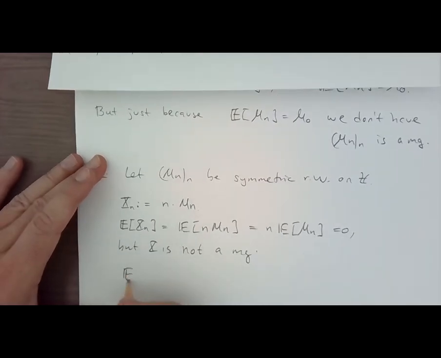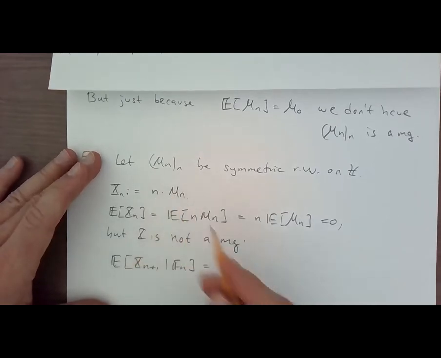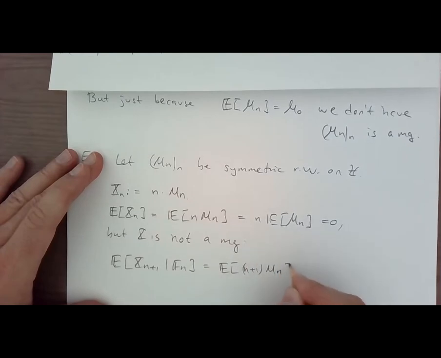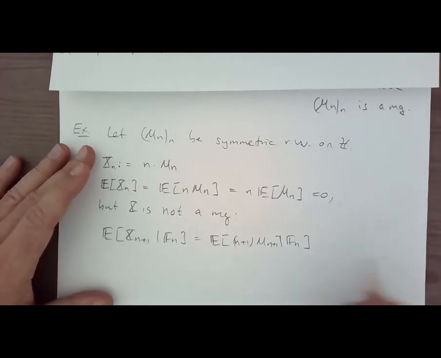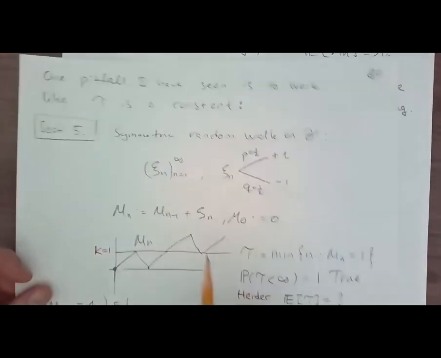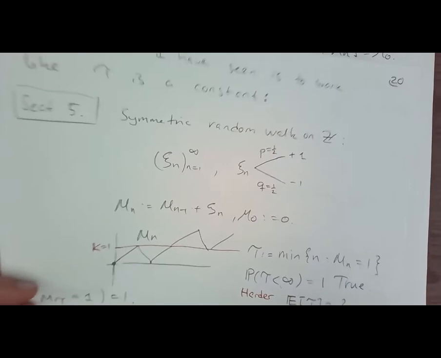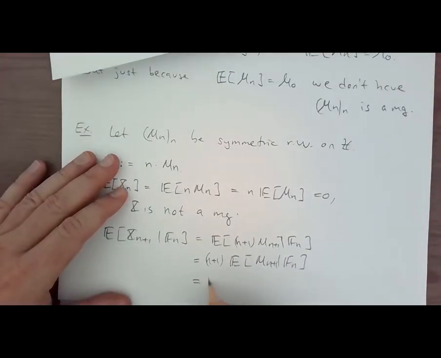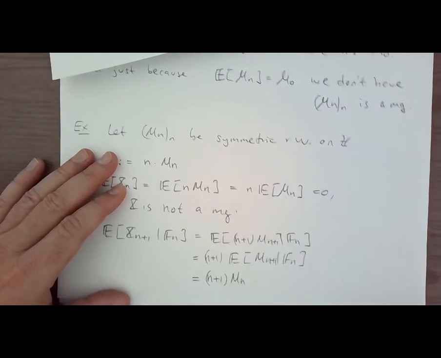Indeed, if I try to compute the conditional expectation of X_{n+1} given F_n, what will I get? Use the formula. This is (n+1) times M_{n+1} given F_n. I put the n+1 outside, then I have the conditional expectation of M_{n+1} given F_n. Then I use this symmetric random walk, that is a martingale, so I get (n+1) times M_n.